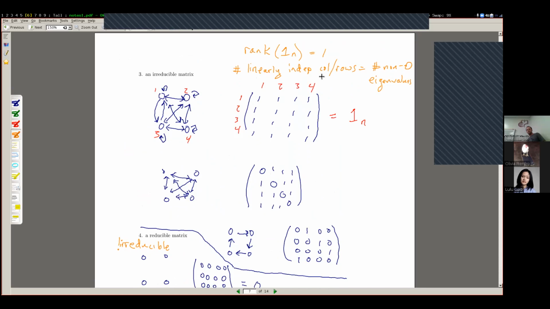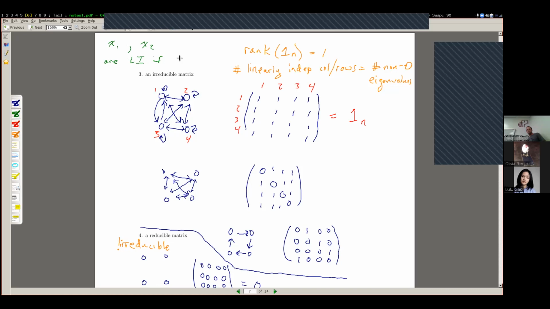Yes. Question is about linear independence. What does that mean? If we have two vectors, x1 and x2, I'll just write Li for linearly independent.